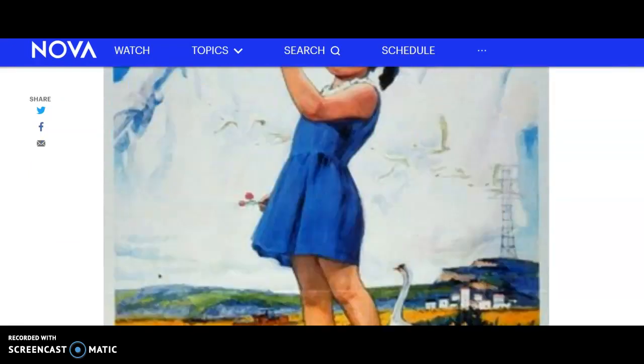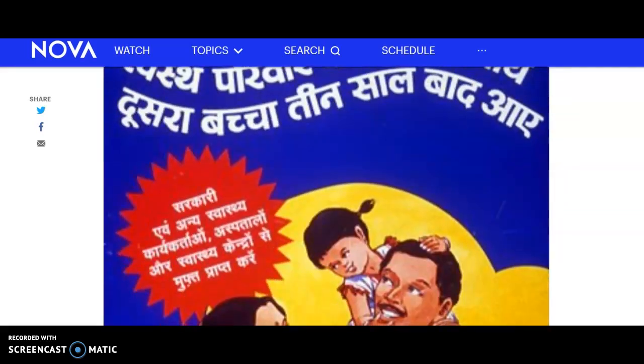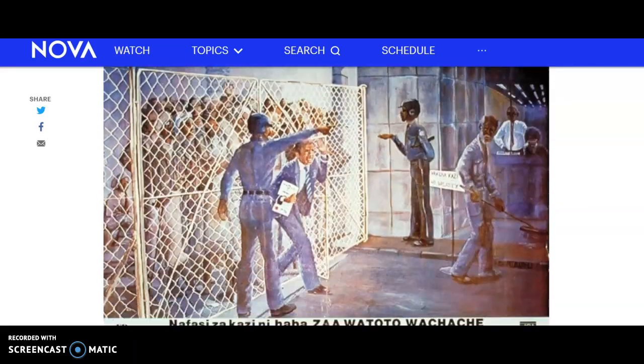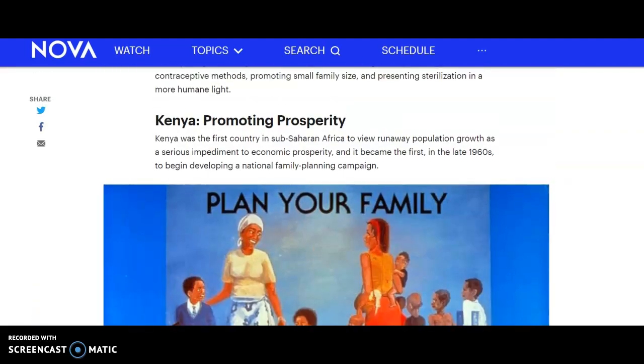You'll have some information here in terms of China under Chairman Mao and what they did. Look at India's idea. So there's a lot of different kinds of campaigns. Kenya promoting prosperity, to look at how to plan your family. So there's a lot in terms of that.